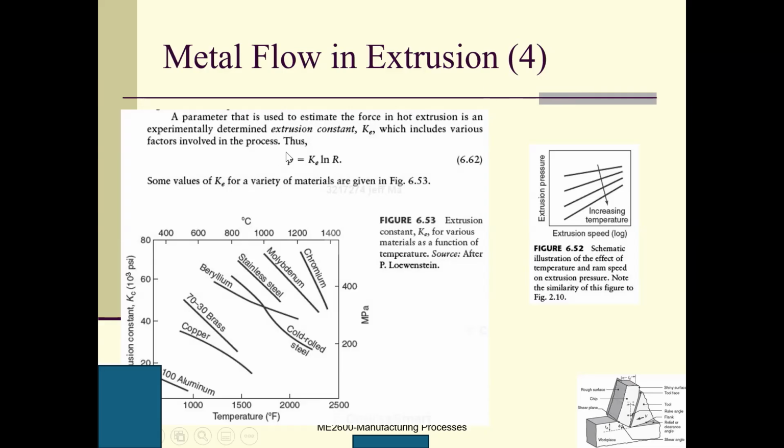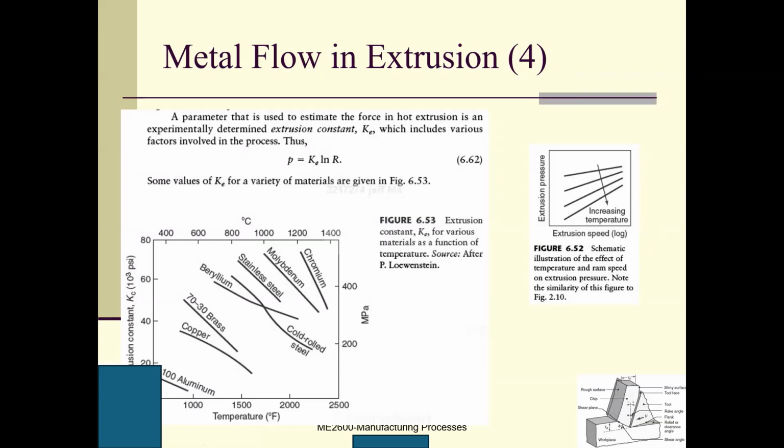So be very careful. How can we calculate this Ke? Ke is usually determined experimentally. Extrusion speed is also very, very important. The reason is that the higher the speed, the more energy you need, right? Do you agree?